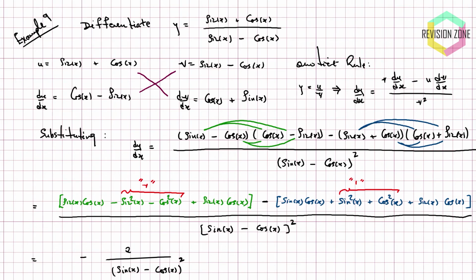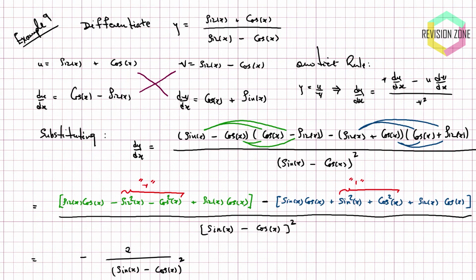But at this stage, we notice that we can use sine squared plus cos squared as 1 twice. So this thing here just gives me minus 1, and this thing here just gives me 1. So since the whole thing in green is being taken away from the whole thing in blue, we're going to have effectively something like this.